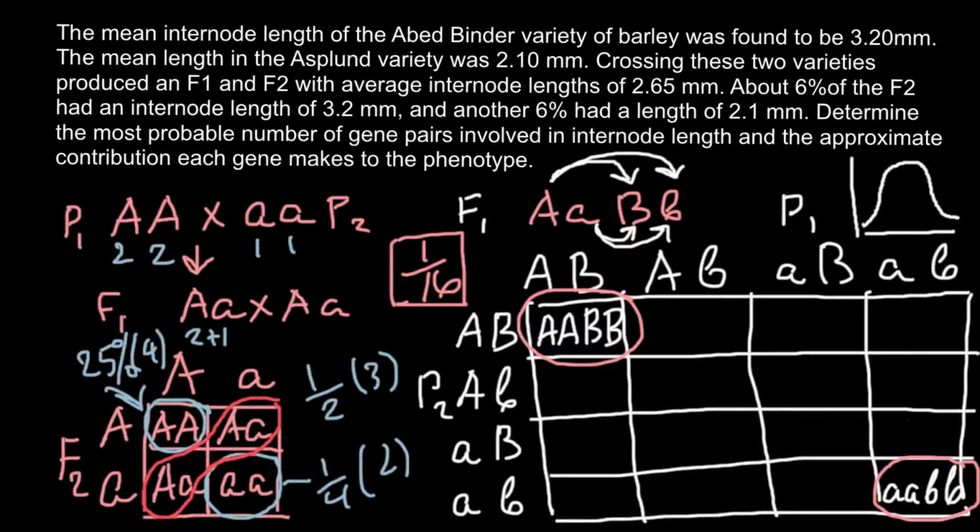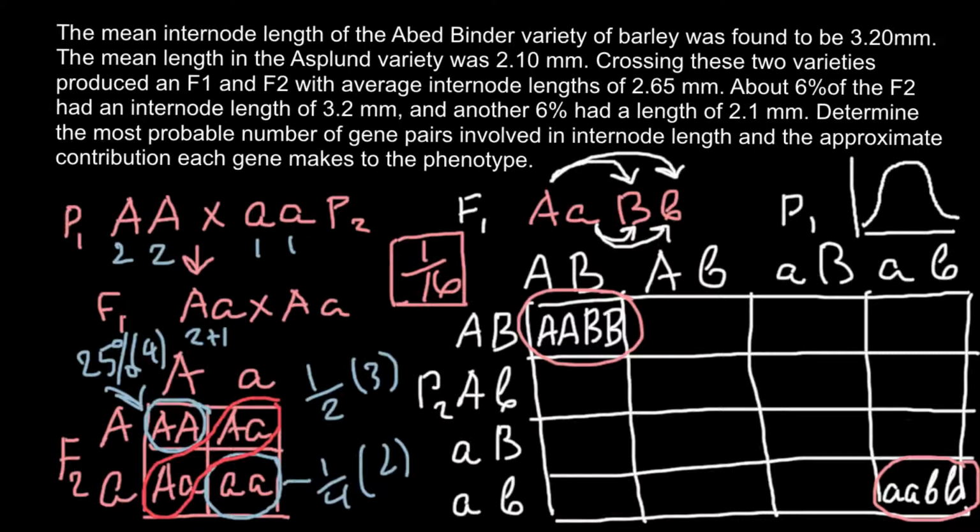So now we can use our logic, and even without a formula we can find how many genes, how many allelic pairs, control the trait. When we had only one gene, the extreme genotype equaled 25%. Here we have extreme genotypes that equal about 6%. So a quarter here and 1/16 here.